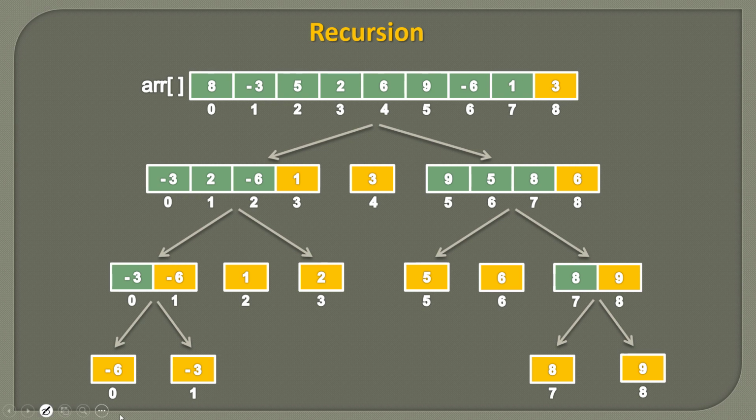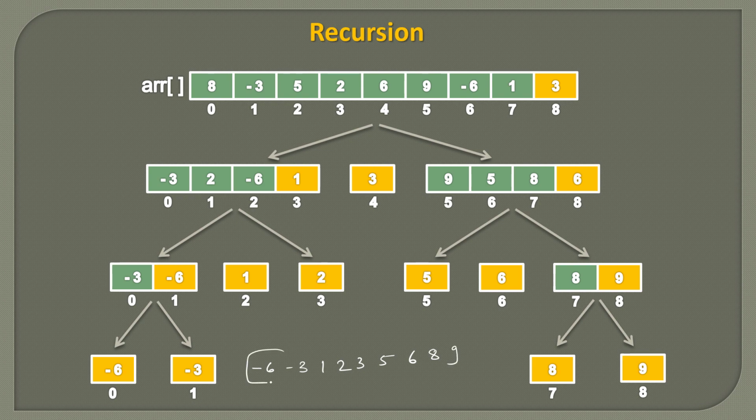So if you try to combine all these indexes, you will see that if we sort this array, it will look like first minus 6, minus 3, then 1, 2, 3, 5, 6, 8 and 9.